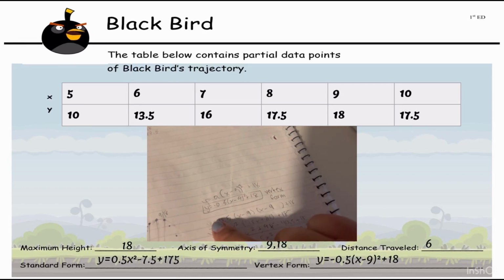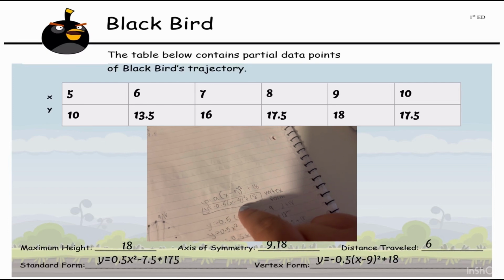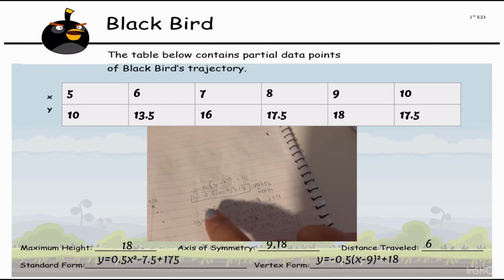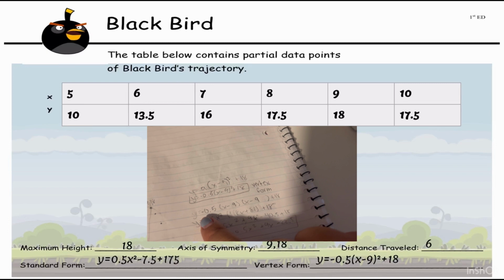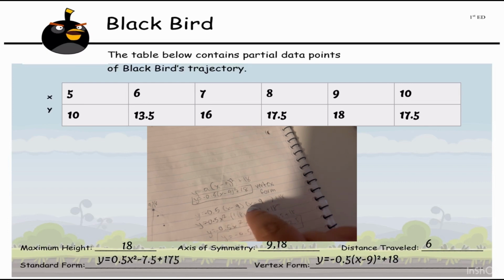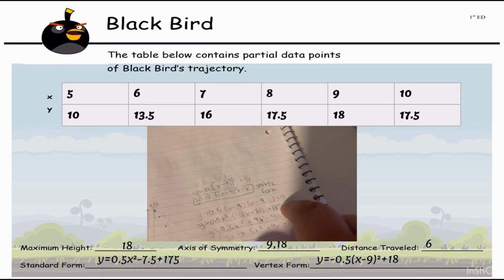And so y equals negative 0.5 times (x minus 9) squared plus 18 is my vertex form. And then for the standard form, I just had to solve my vertex form. So what I did was write out my vertex form, which is y equals negative 0.5 times (x minus 9) times (x minus 9) plus 18.